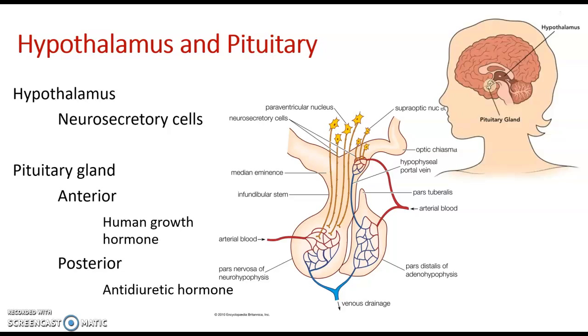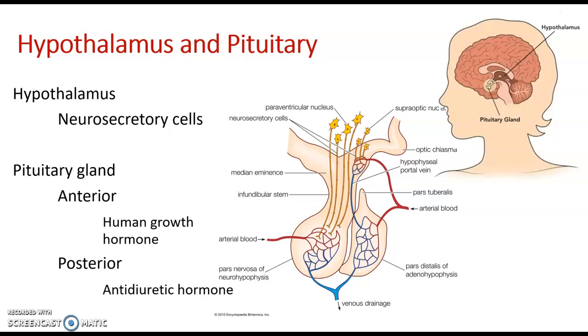The anterior pituitary can make its own hormones, one example being human growth hormone, and also a lot of the hormones that regulate the reproductive system will come from the anterior pituitary gland. And we will see those in a lot more detail next time when we cover the reproductive system. But even though the anterior pituitary is capable of making its own hormones, when they're produced is still controlled by the hypothalamus.